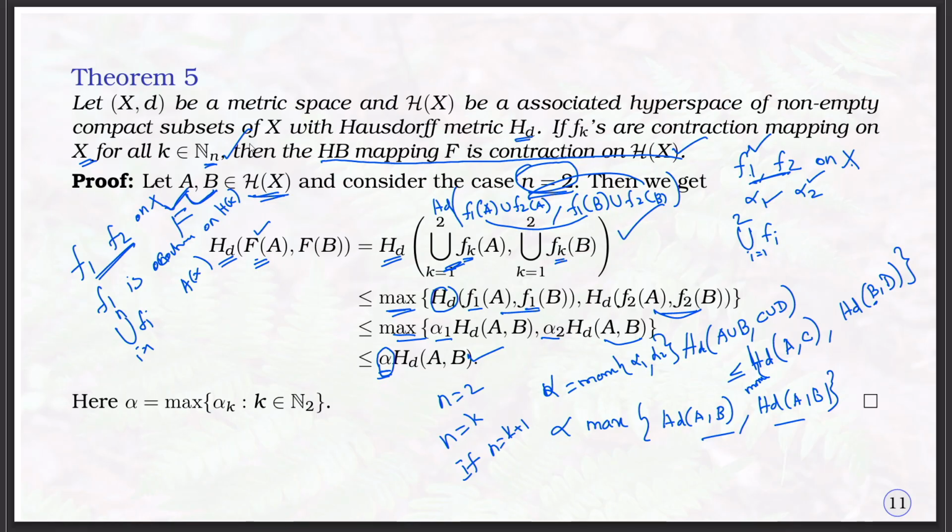Therefore, if we have a finite set of contraction mappings on H of x, simply take their union, it is also a contraction on H of x. It means that the HB mapping is a contraction mapping on H of x.